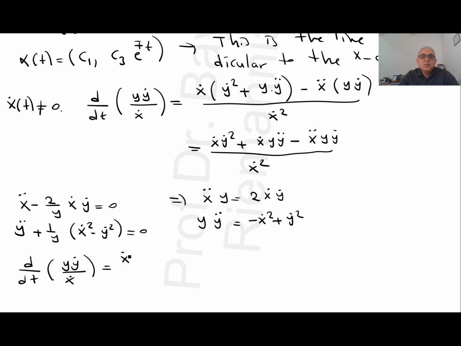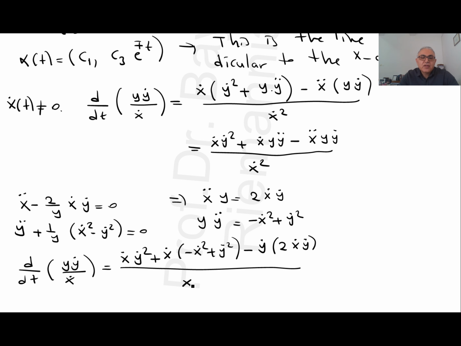So if you put this information into the above equation, then we have y dot over x dot equals, so let me leave this as it is, plus now y double dot, so x dot times negative square y square and negative y double dot times y dot over x dot square.